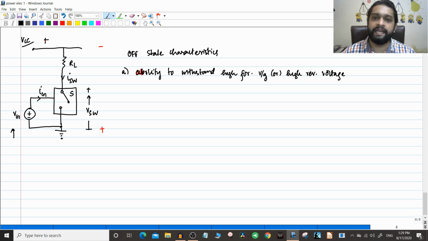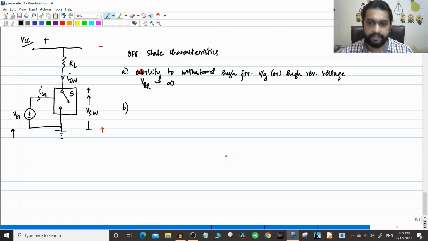So ideally the switch should not exhibit such characteristics. Reverse voltage, this is usually called as VBR, and that should be tending to infinity. That means even though you are applying so much high voltage, forward or reverse voltage, unless the gate signal is applied, it should not turn on. So that is the off state characteristics, or it should not fail.